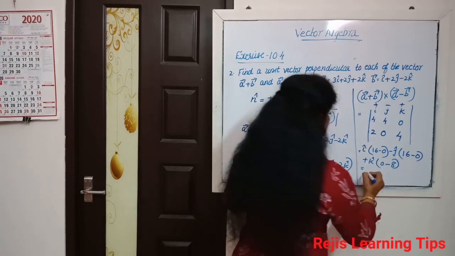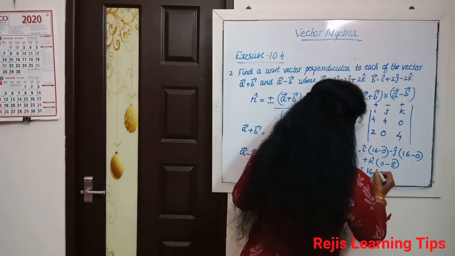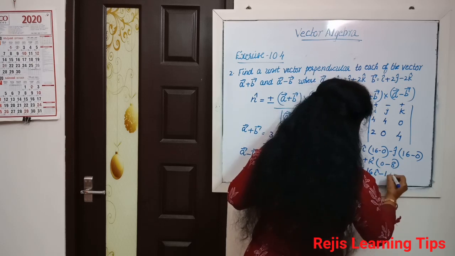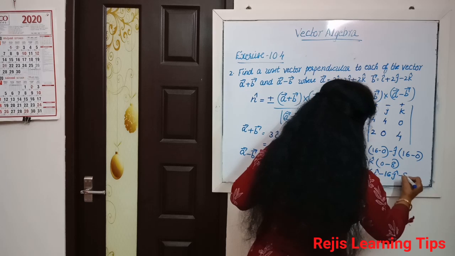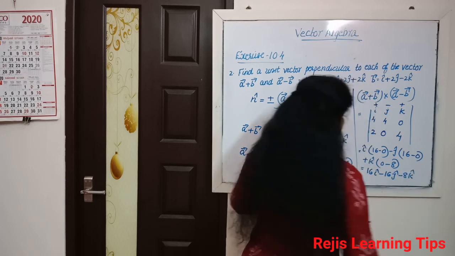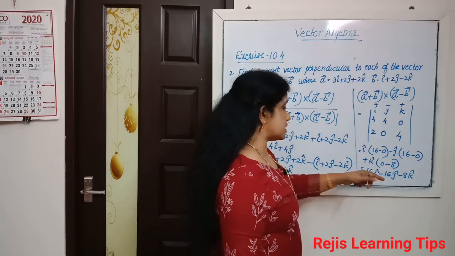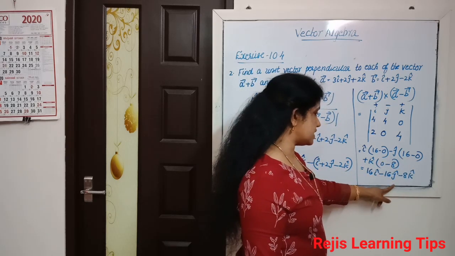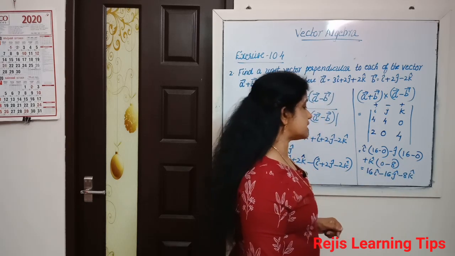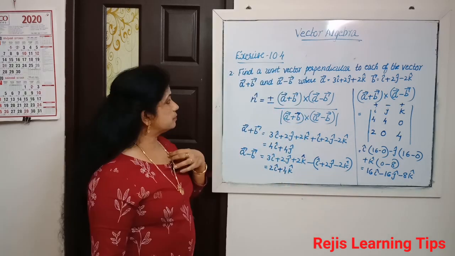Then we will get 16i cap minus 16j cap, then minus 8k cap. Okay, 16 minus 0 is 16i cap, minus j into 16 means minus 16j cap, then minus 8k cap. Understood?